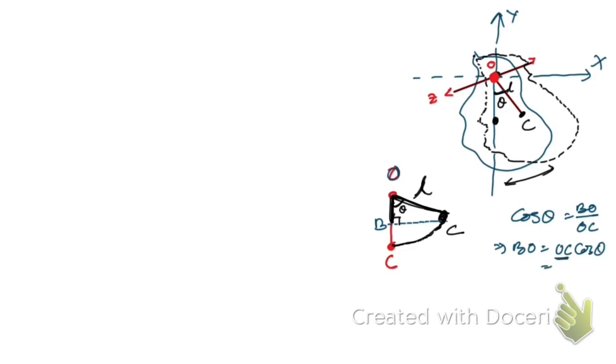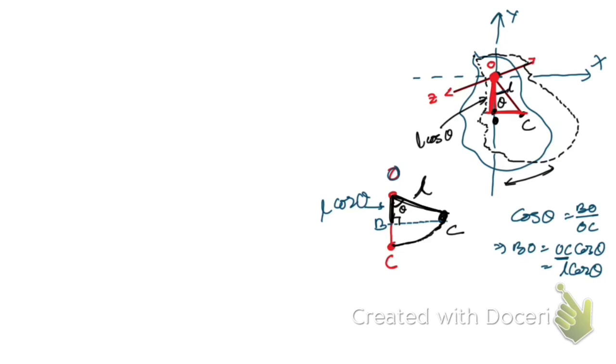Here OC is nothing but L, so BO equals L cos theta. So the height below the origin to this level is L cos theta. Hope you have understood this.